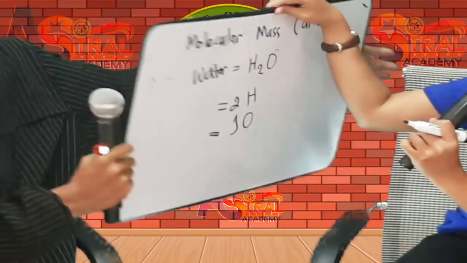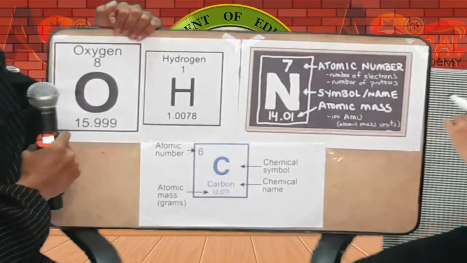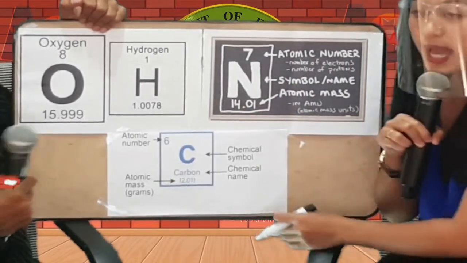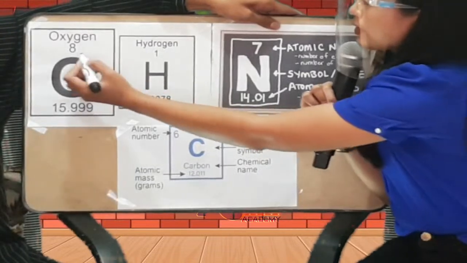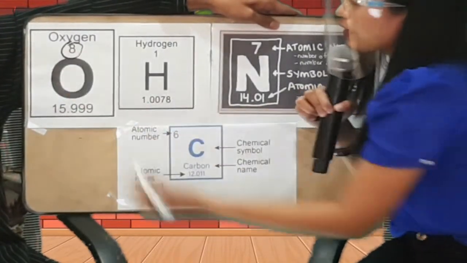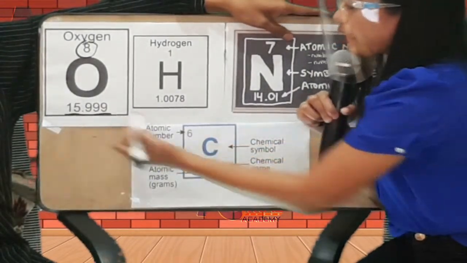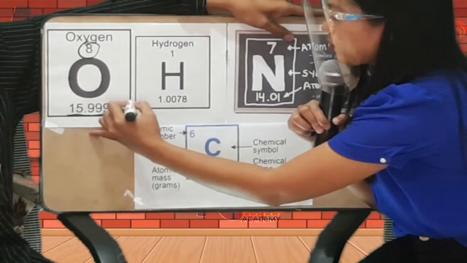Let's flip our table, Sir Louis. So we have here a sample of some elements under the periodic table with their atomic masses. For example, oxygen: 8 is the atomic number, or the number of protons, and 15.999 is the atomic mass.